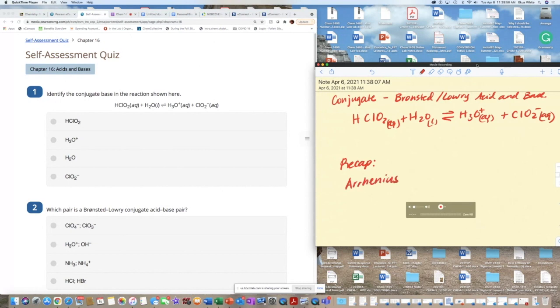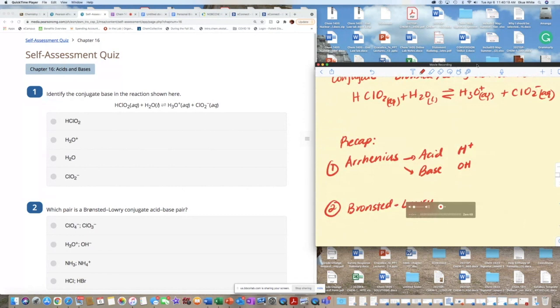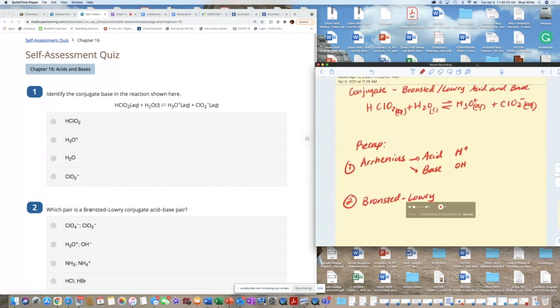Okay, and he talked about the acid having a hydrogen ion, and then the base having a hydroxide. Very simple definition, but also very restrictive, right? And then after that, that was number one. Number two, we talked about Bronsted-Lowry. This is two guys working together to define the acid and the base.